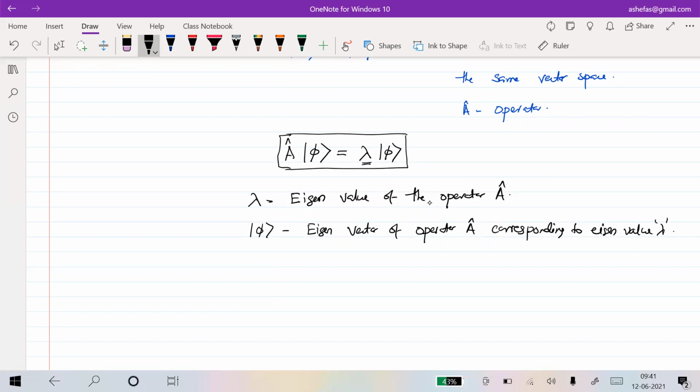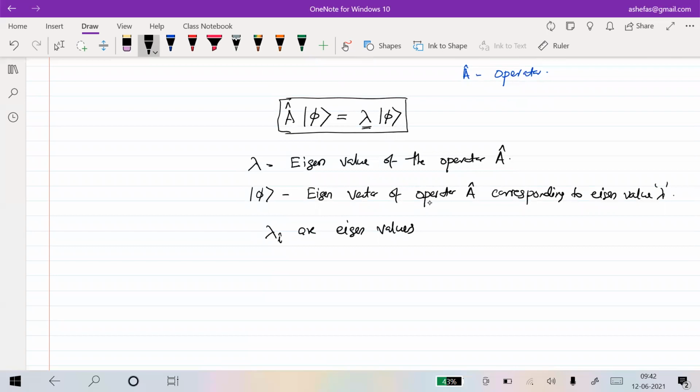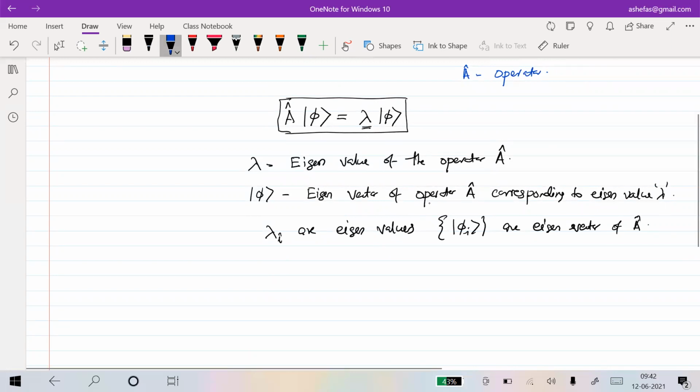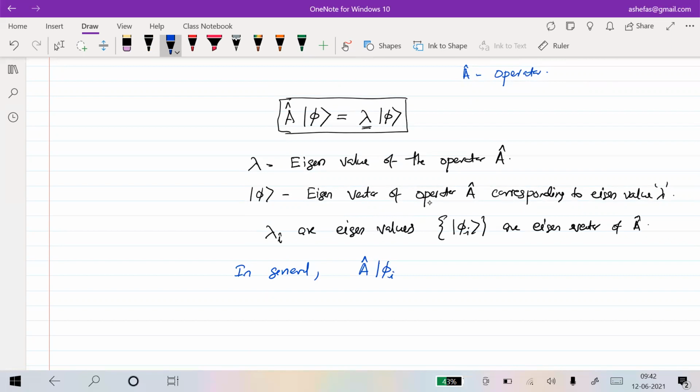So in general, suppose lambda i are eigenvalues and phi i are eigenvectors of operator A. Then in general we can write the operator A acting on phi i gives lambda i phi i.